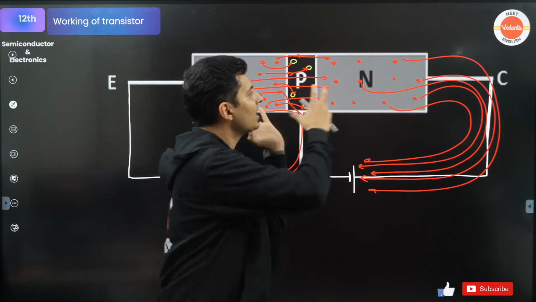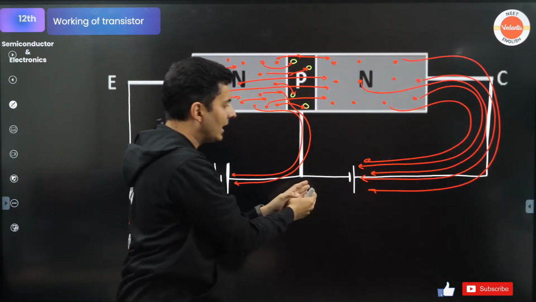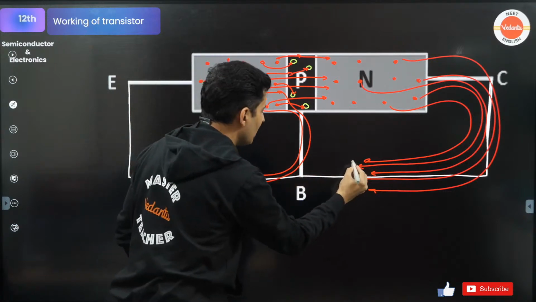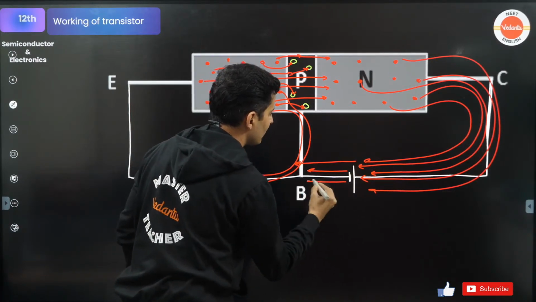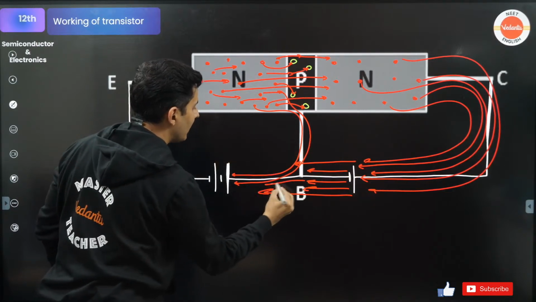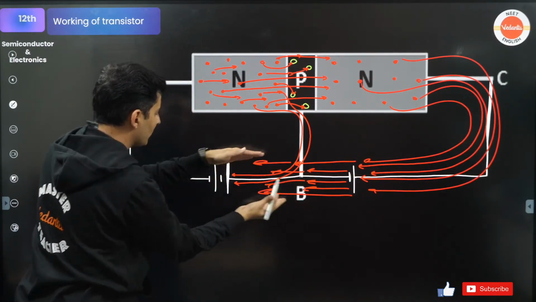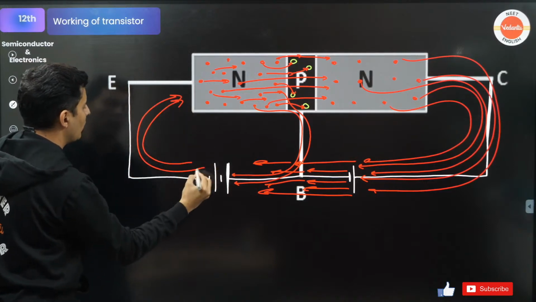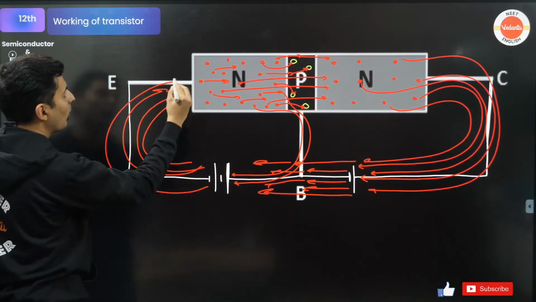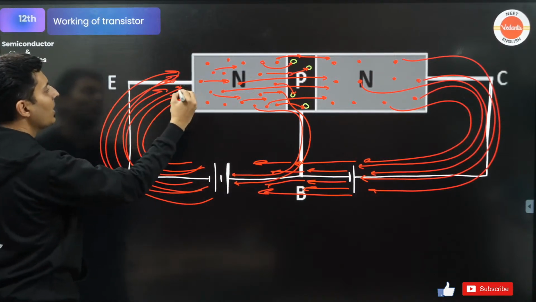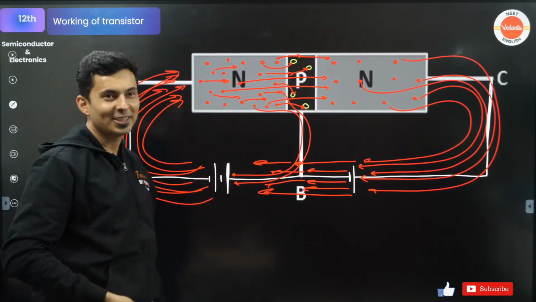Then when these Pandus come, these Pandus will get attracted over here. But obviously these electrons are not just going to stay here. They are going to continue their journey like this. All these electrons will pass through this battery, and they will again flow back from here. So this is how that journey begins and continues forever.